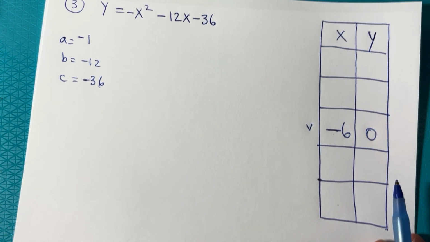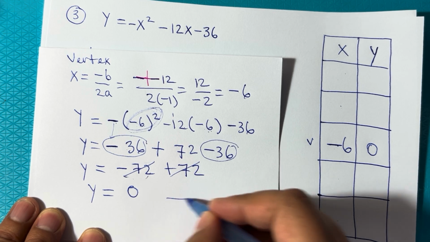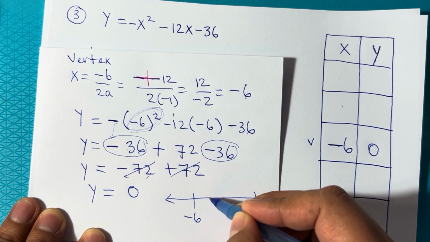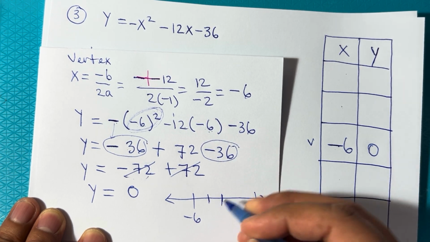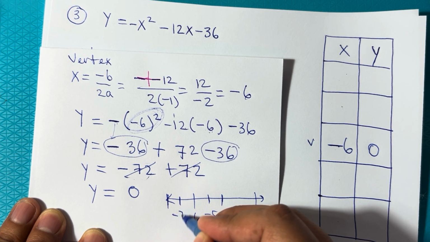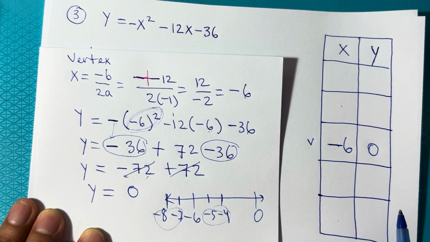After I find the vertex, I'm going to choose two numbers to either side. Remember, we have 0 somewhere in here, then we have -6. Next to that is -5 and -4. And on the other side, we have -7 and -8. Those are the numbers that we want to use, okay?